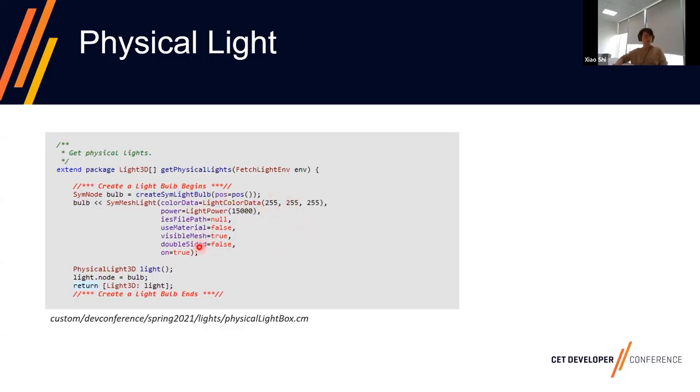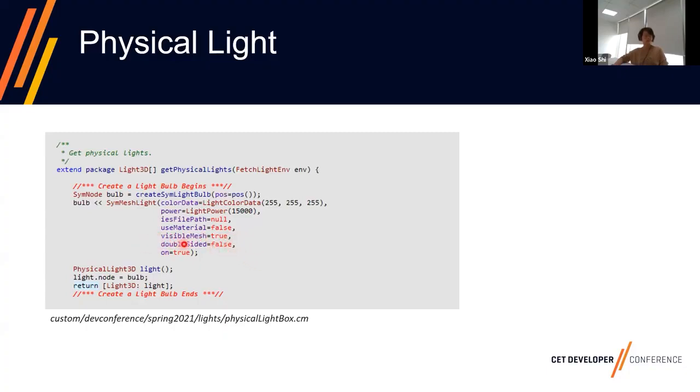This visible mesh option is there because this one is created by a mesh, but when it has the light, the mesh is still there. So you probably want to hide the mesh. Sometimes you don't want to see the real light ball, you just want to see the light coming out of it. Then you need to set it to be false to not see it.